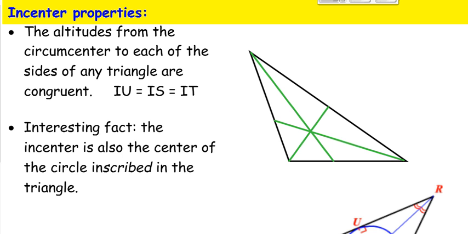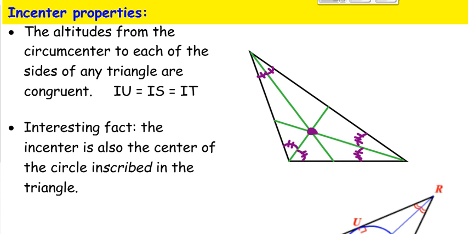Okay, so I've got three angle bisectors there. That means these two angles are congruent, these two are congruent, and then my last two are also congruent. Where the three angle bisectors meet, that's going to be my incenter.